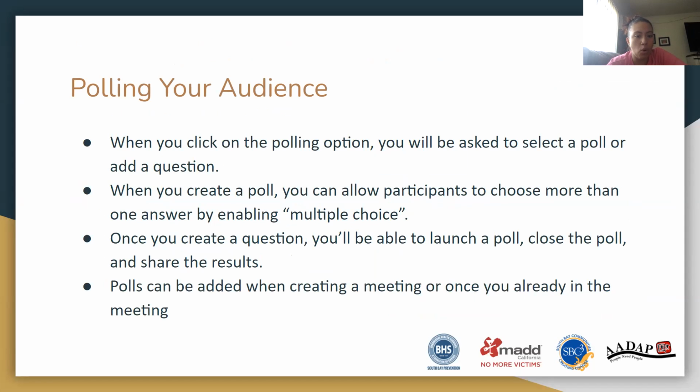And then we went over polling and what kind of questions you can add, whether you want to do multiple choice or if you want to do like A, B, and C. You'll create your questions and you can create a poll before your meeting, and then you can just automatically do it.